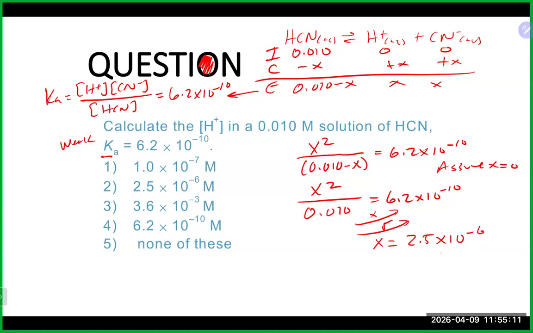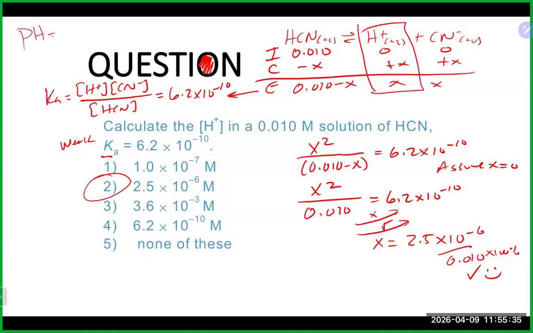We do want to check it again, so we're going to take that and divide it by our initial concentration, times it by 100%, and I think our check is good here. It's about 0.02%, so you should be good. In this case, once again, our H plus concentration does equal X. So it looks like number 2 there would be a winner in this case. And it didn't ask for it, but obviously, if we were looking for the pH at that point, we could put that into our pH equation.